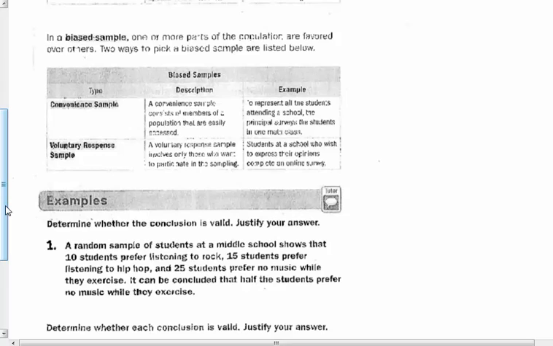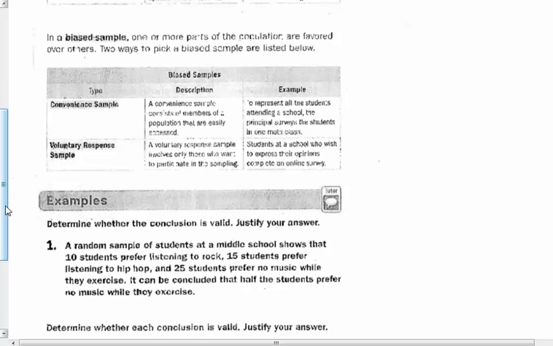2 ways to pick a biased sample are listed below. So for instance, a convenience sample. A convenience sample consists of members of a population that are easily accessible. Like you want to know 7th graders that like pizza for lunch, and you only ask the people who are sitting at your table. Well, that's very convenient that you're asking the 8 or 10 people sitting at your lunch table.